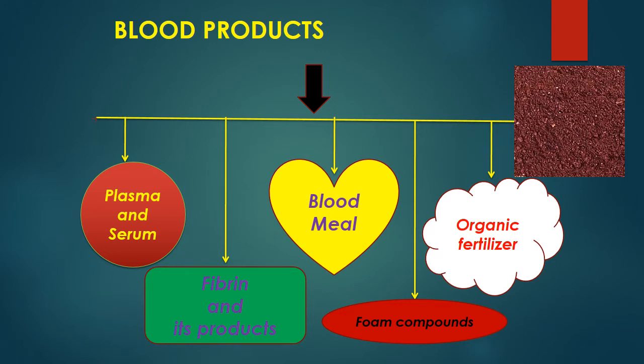Here we will see different products from blood. Firstly, as I mentioned earlier, after collection it can be stored, but it should be with anticoagulants or with some agitation. That is a mechanical agitation process or mechanical defibrination process which prevents coagulation.